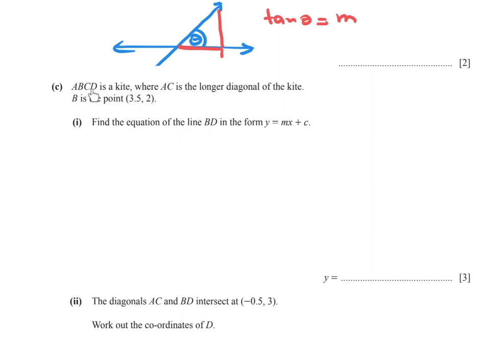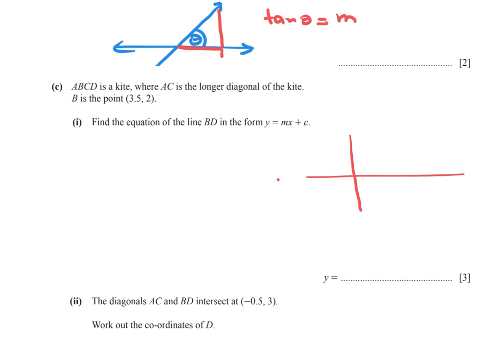C. ABCD is a kite where AC is the longer diagonal of the kite, B is the point 3.5 and 2. Find the equation of the line BD in the form y equals mx plus c. Draw the kite.